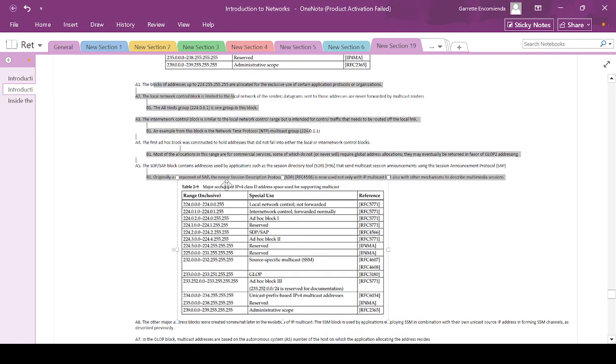So the first ad hoc block was constructed to hold addresses that did not fall into either the local or inter-network control blocks.